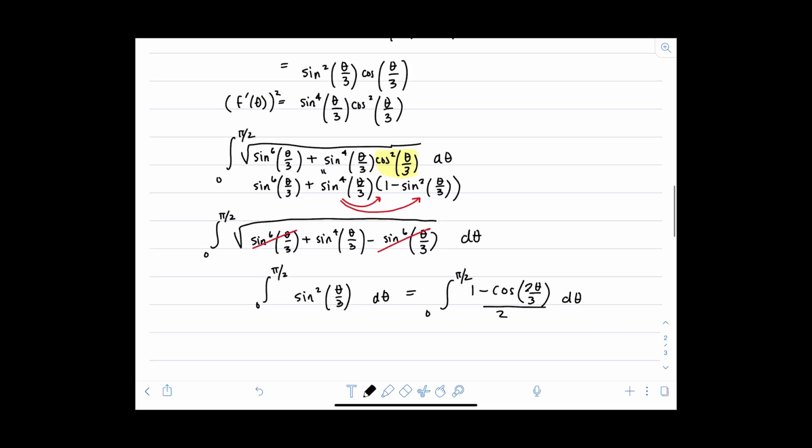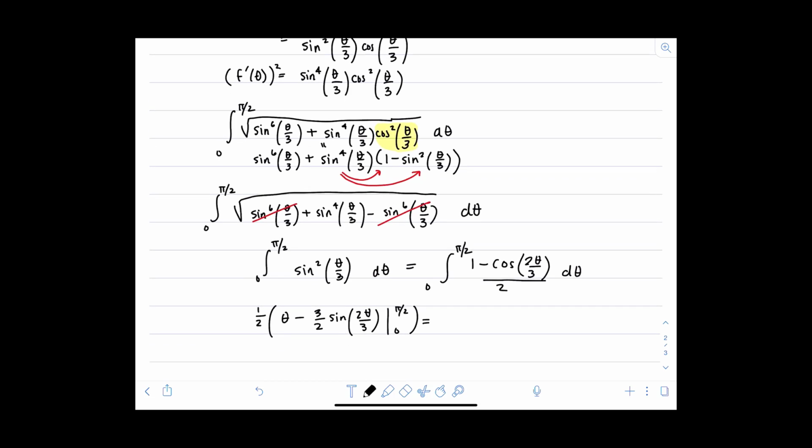So when we go ahead and integrate that, we get 1/2 times theta minus 3 over 2 sine of 2 theta over 3, and that is evaluated from pi halves to 0.